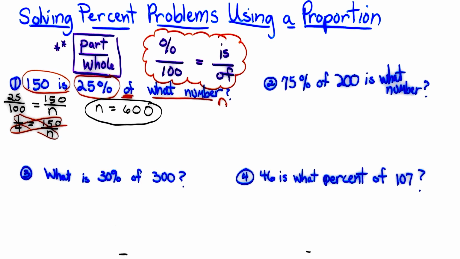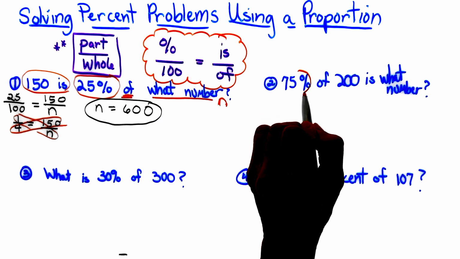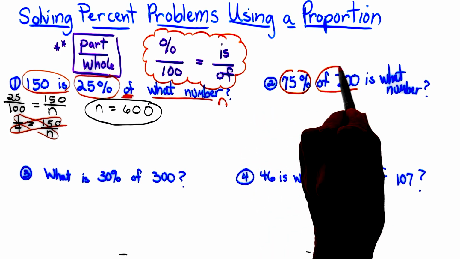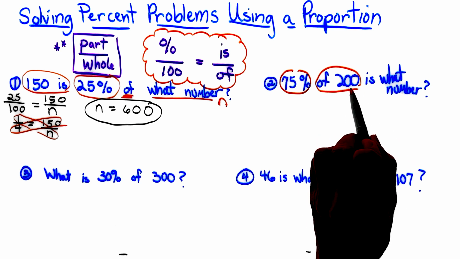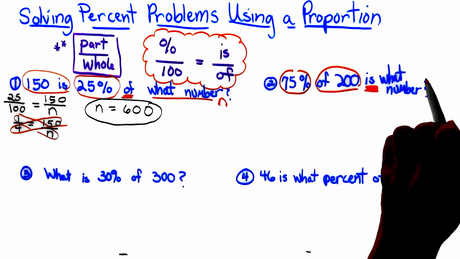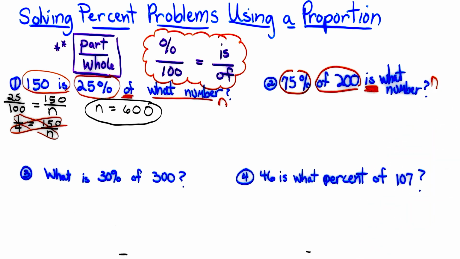All right, so let's look at the second problem. I am given my 75%. This time I am given the "of," 200. And notice here is my "is." What number? That is going to be my letter n.